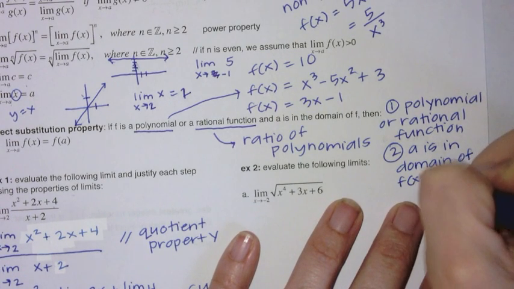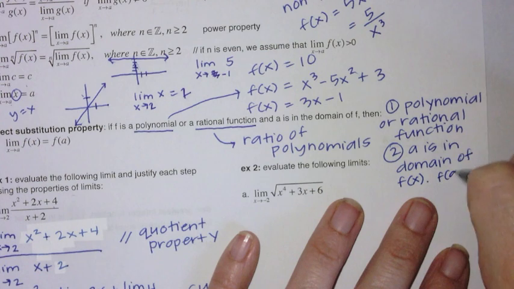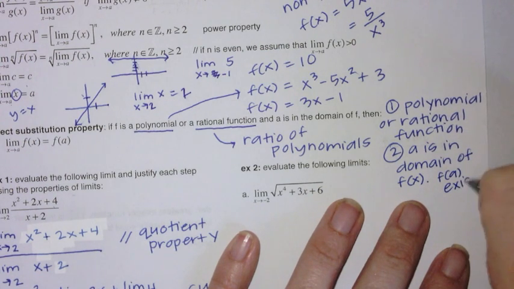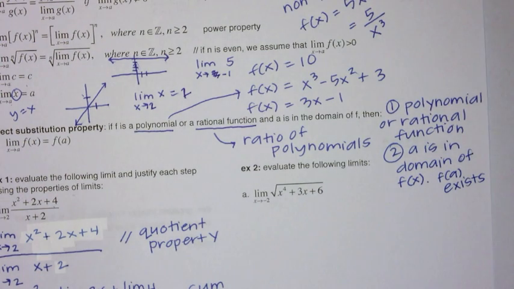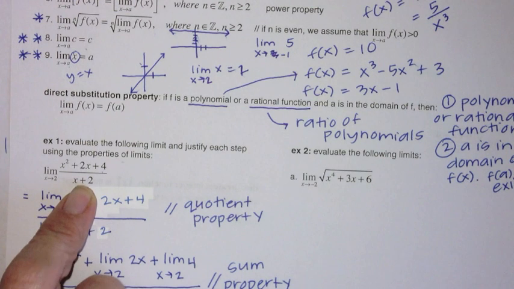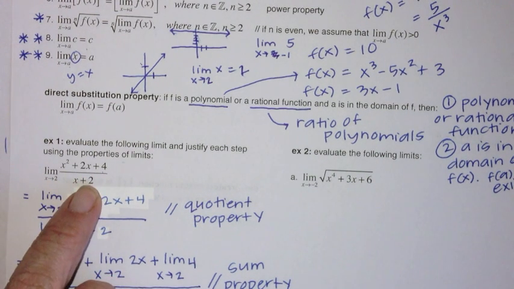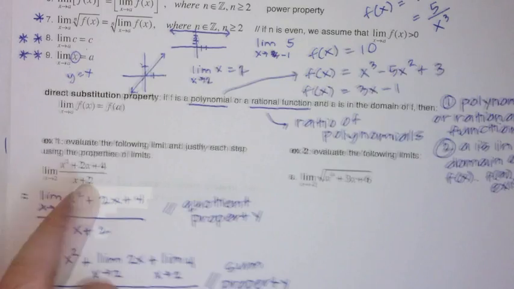So that means f of a exists. Let me show you with this. What value of x is not in the domain of this function? It would be -2. So is 2 in the domain? Yes, the only number that's not in the domain is -2.